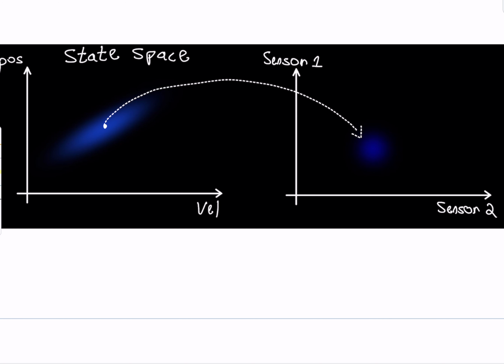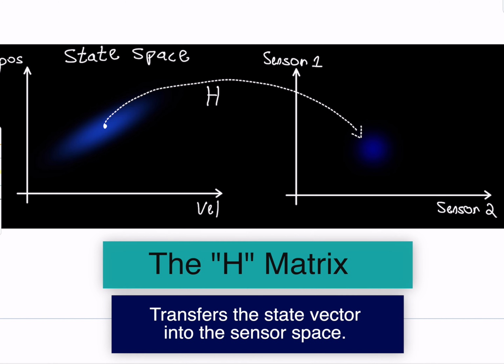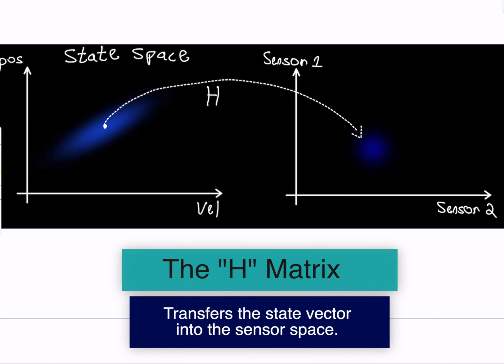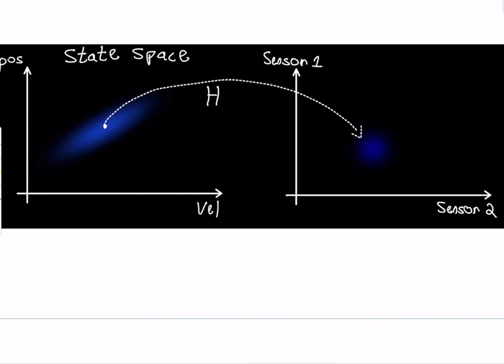This transfer, as you probably assume, must be linear, and this transfer will be called the H matrix. The H matrix takes the state vector and transfers it into the sensor space.